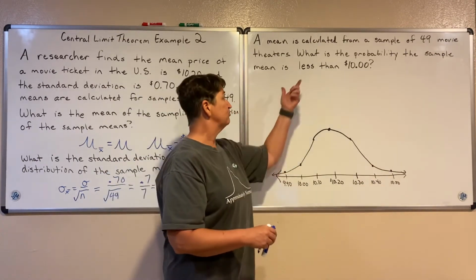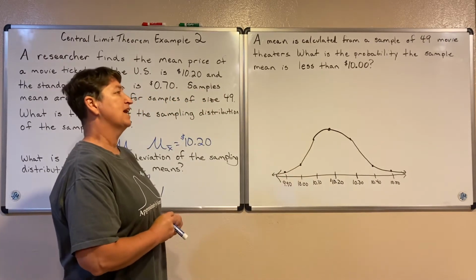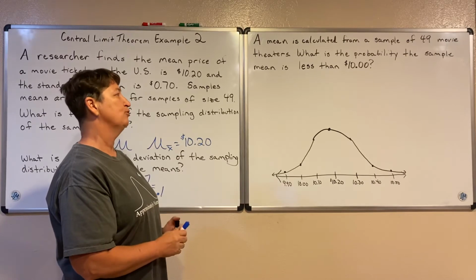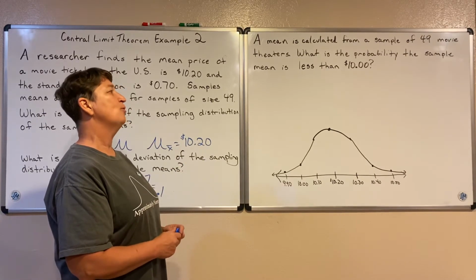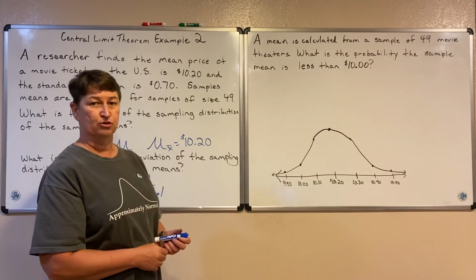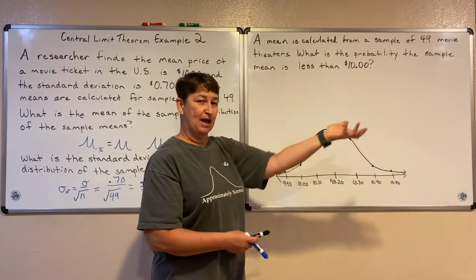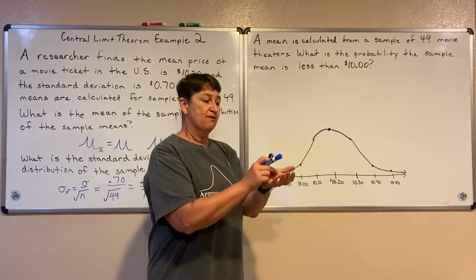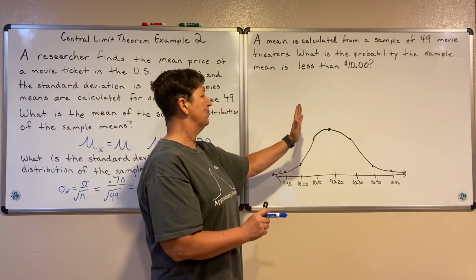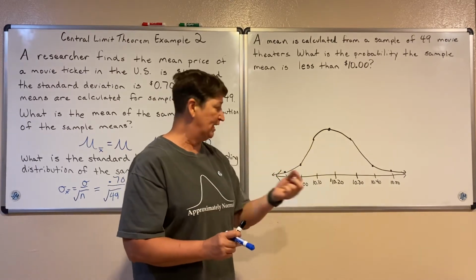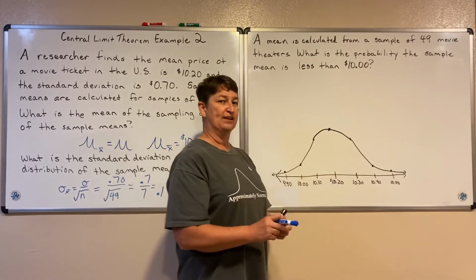Now, we're going to answer this next question using that information. A mean is calculated from a sample of 49 movie theaters. What is the probability the sample mean is less than $10? So we have gone out and gotten a sample of 49 movie theaters, found the mean of those movie theaters, and we want to know what's the probability that that sample mean, which is part of this distribution, belongs here as part of that data.